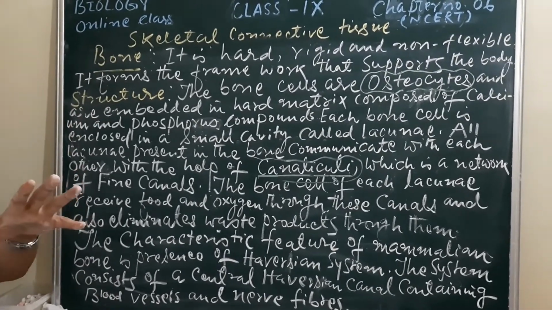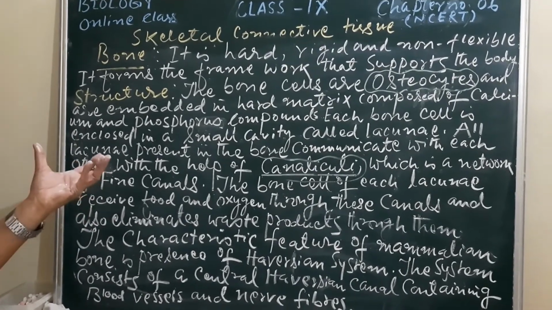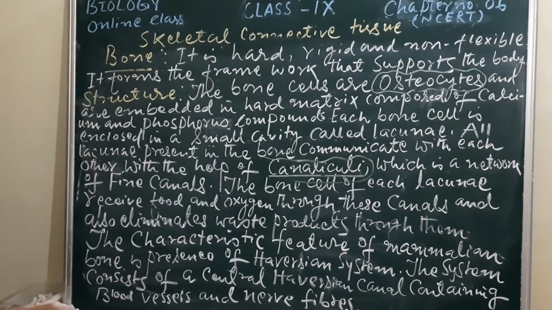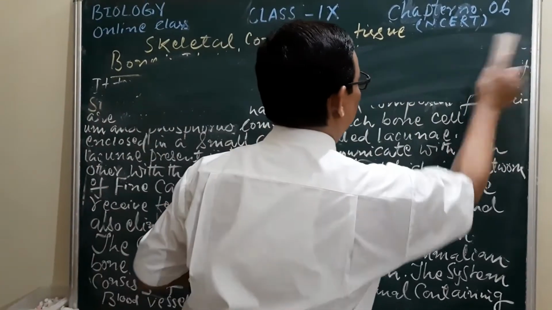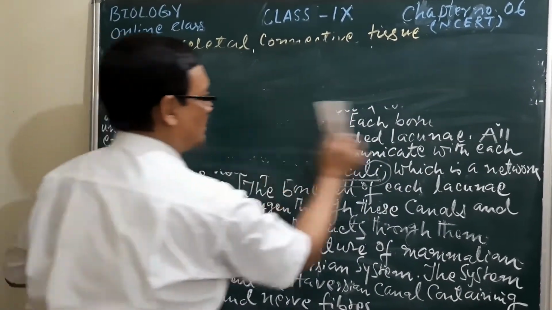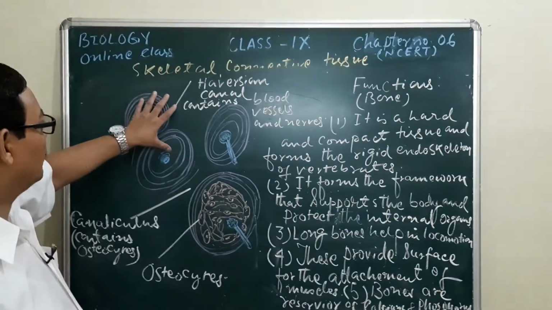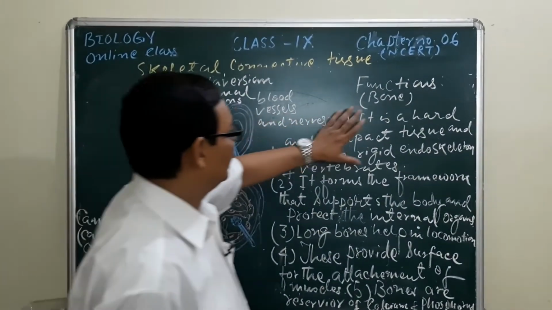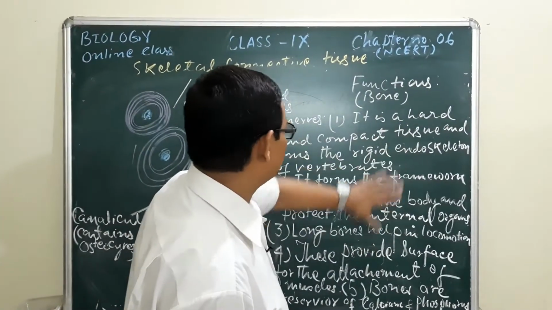They also have several other functions which may be summarized here for you. Here is the diagram of bone and bone tissue and the several important functions.